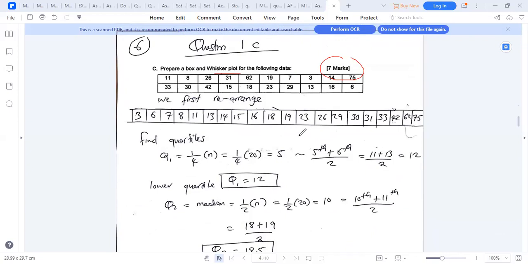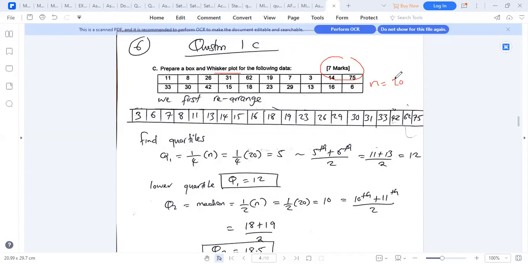Then identify the quartiles. To find the first quartile, it's a quarter of n. Our n is 20. If we get a discrete value, you round up; if you get 5.1, 5.2, 5.9, you round up to 6.